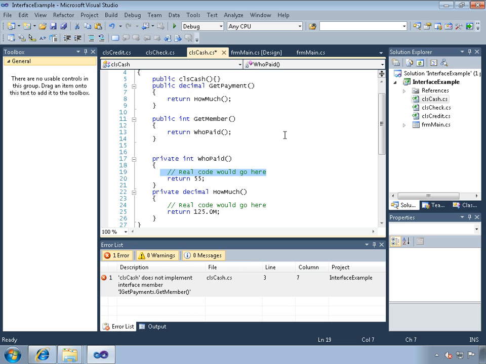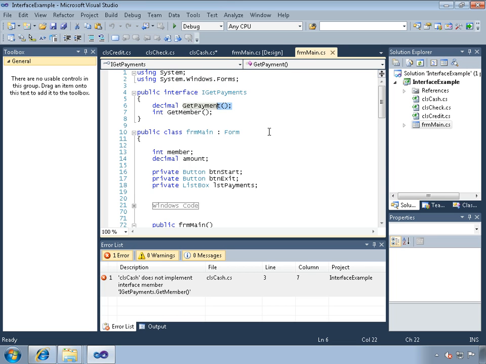That would be the membership number. That might require going out and reading a database and matching something up, or maybe it's just because this person is paying in cash, it's just typing in the member number when he hands over the dollar bills. Whatever that implementation of who paid becomes, we don't have to worry about it back in form main. It's not our responsibility.